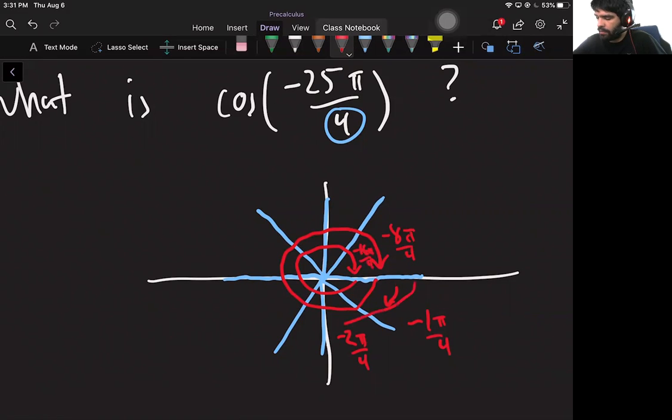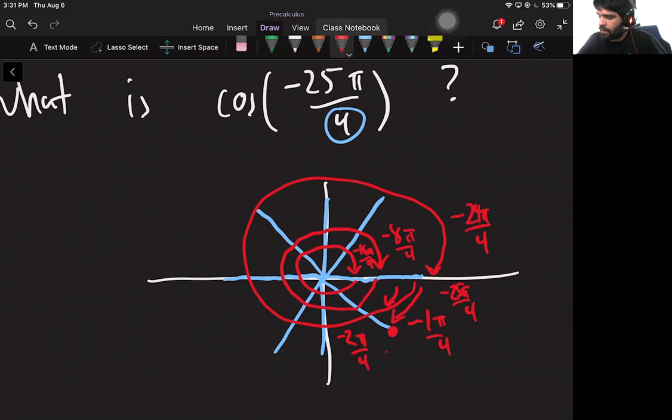And then I'll go around a third time. I just have to go multiples of 8 is the trick. So negative 24 pi over 4. That's what happens when I go 3 times around. So now I just have to go one more to get to negative 25 pi over 4. And now I'm at the angle I want.